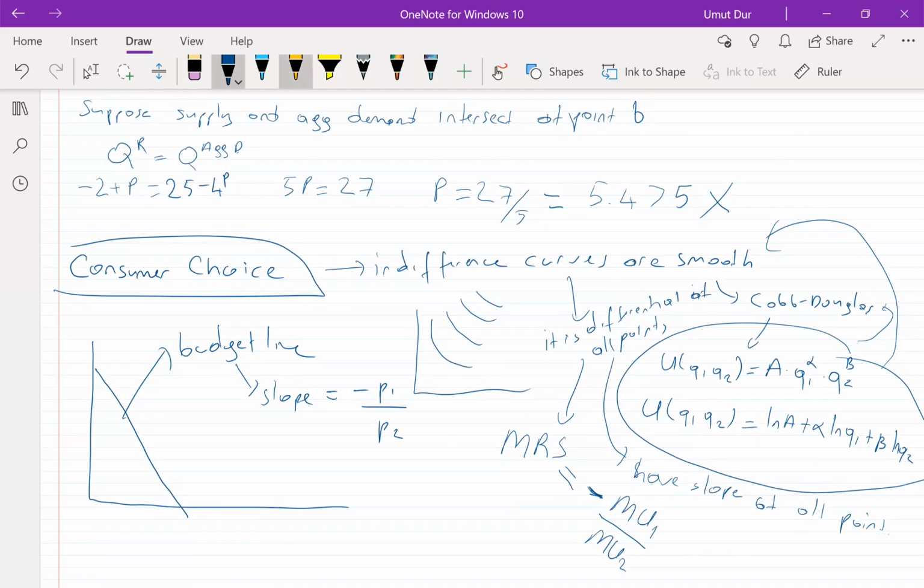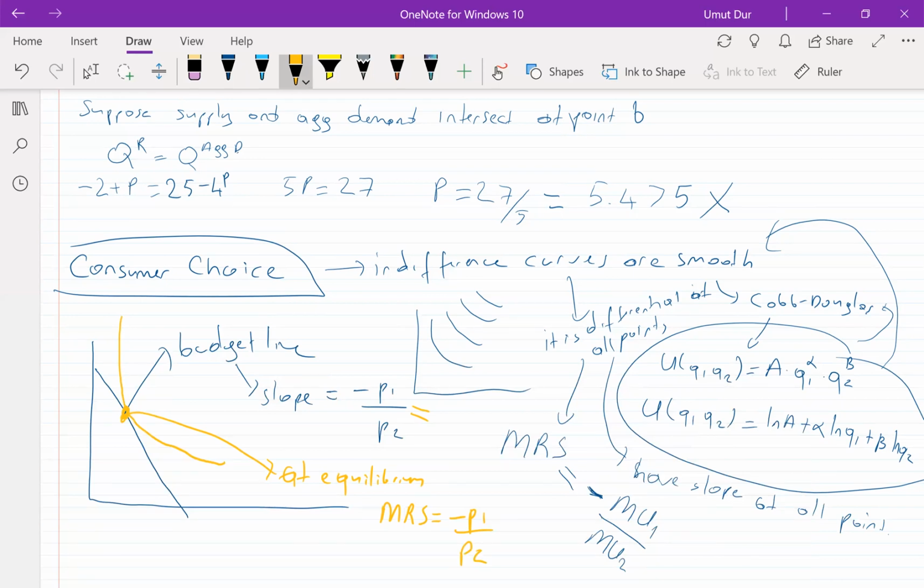The optimum will be found when the indifference curve and the budget line have the same slope. So at equilibrium we have MRS equal to P1 over P2.